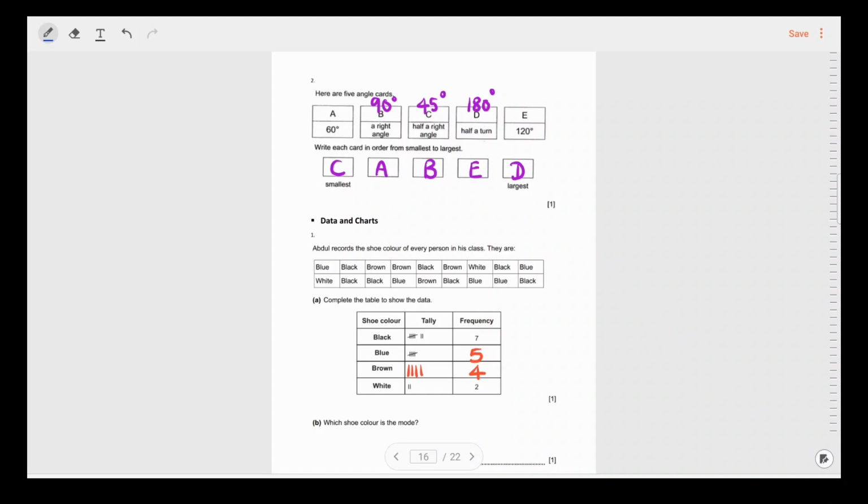All we need to do is look at the table, and we have 7 students in Abdul's class that wear black shoes, which means that the most frequent color is black. So our mode over here is black.